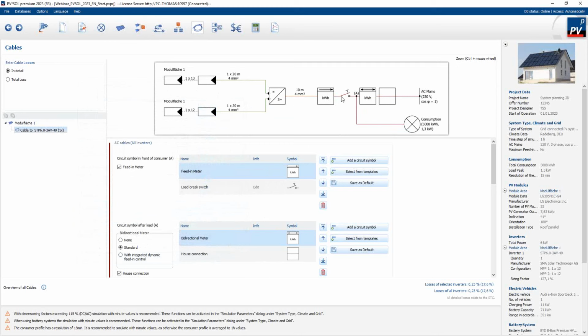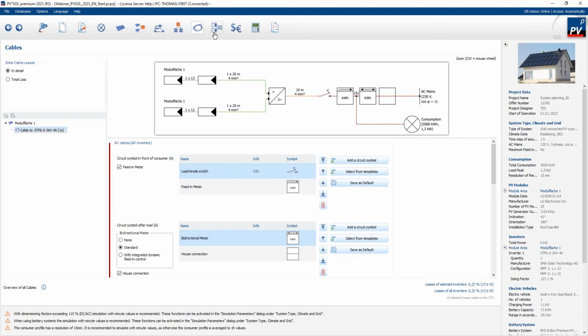If you would like to change the position to in front of the meter, then you have to mark the circuit symbol, and then use these arrows here to bring it to the correct position. And now it's on position number 1. This means that it's before the meter. And so it works. So you can define your cable plan on your own. I think that's it for the cables.